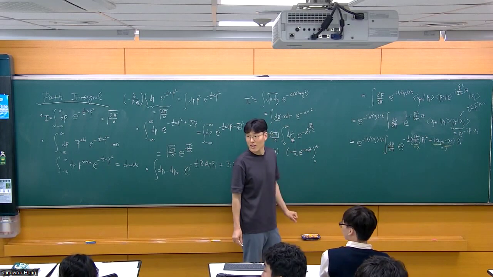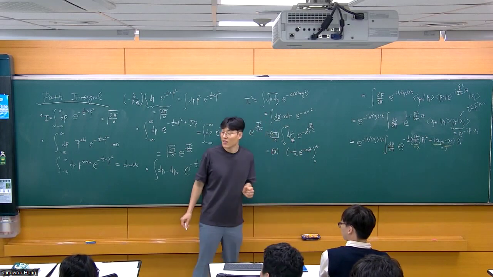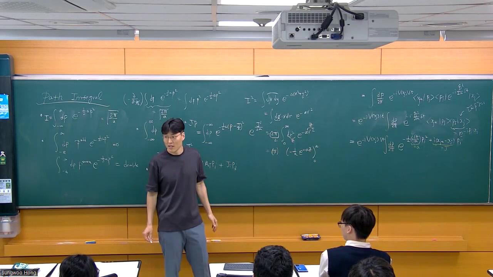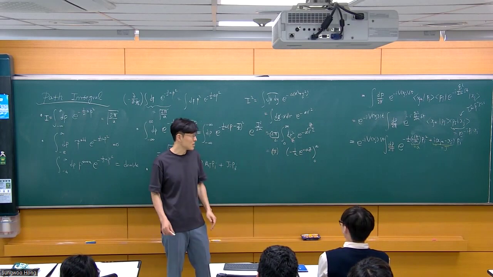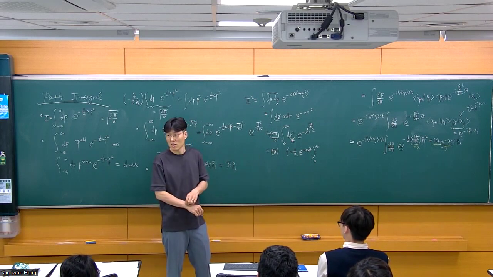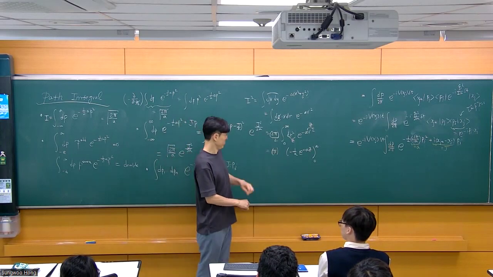Okay, I think that's also true because if it is only merely imaginary, then that power will also be negative, mostly. Then it will not converge, but if the real part is negative, then the oscillation will be suppressed by the exponential. So right, I think it is enough to state that the real part is positive.